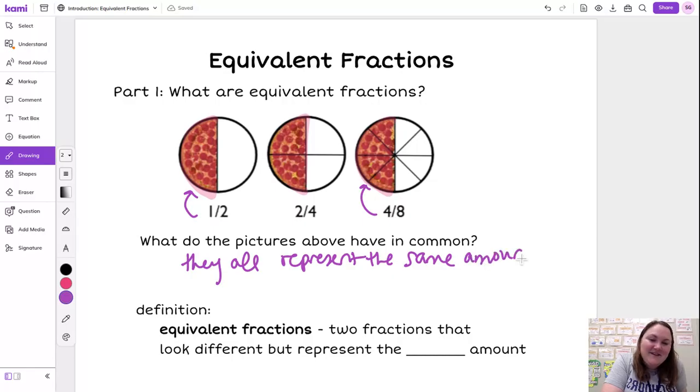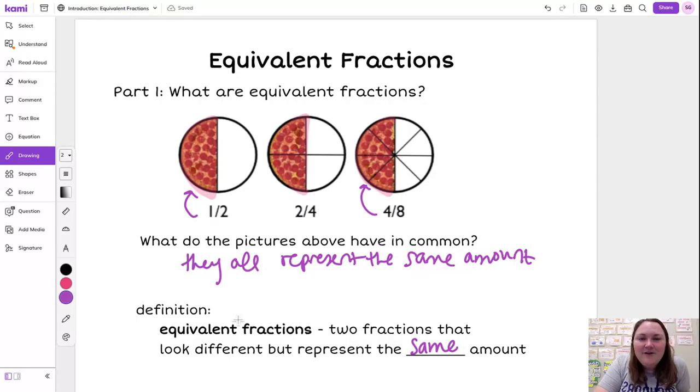This is the theme of today's lesson. We call fractions like these equivalent fractions. Equivalent fractions are two fractions that might look different. So for example, when I look at the numbers 1/2, 2/4, 4/8, those are different numbers. Those are definitely different fractions. But when we look at the pictures, we see they represent the same amount.